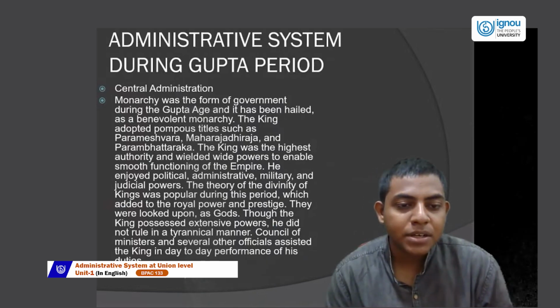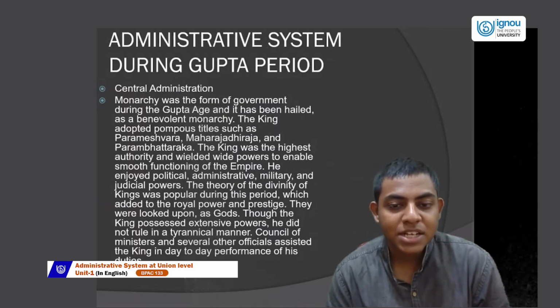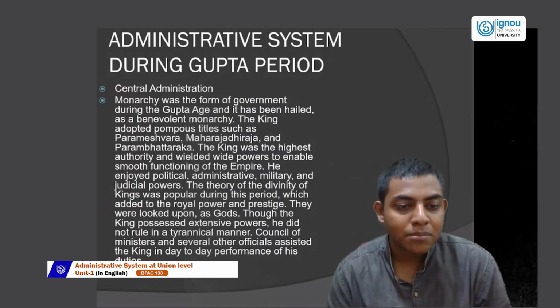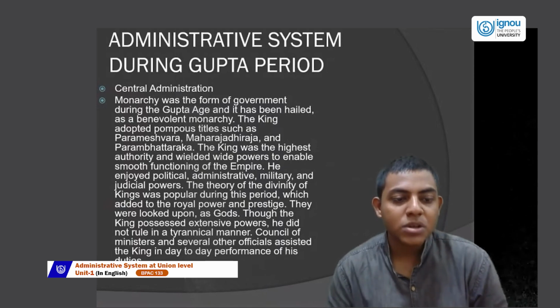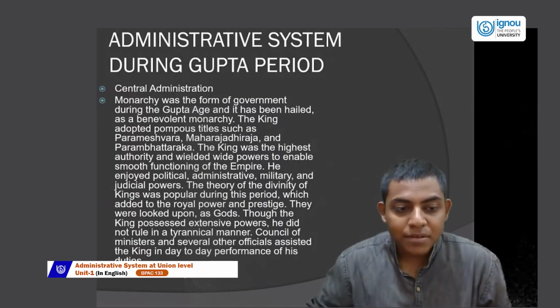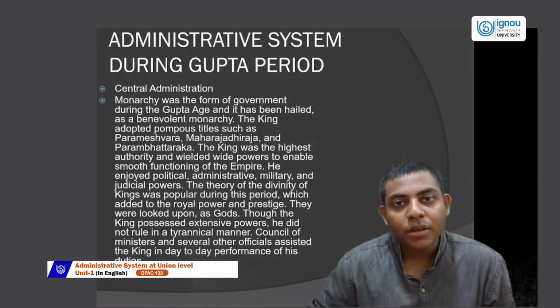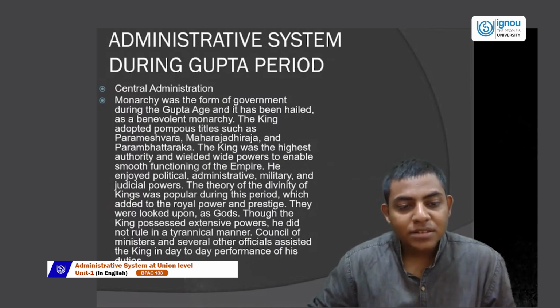And the king adopted pompous titles such as Parameshwar, Maharajadhiraj, and Parambhattarak. The king was the highest authority and wielded wide powers, similar to the institution of king during the Mauryan period. These wide powers were wielded by the king to enable smooth functioning of the empire.